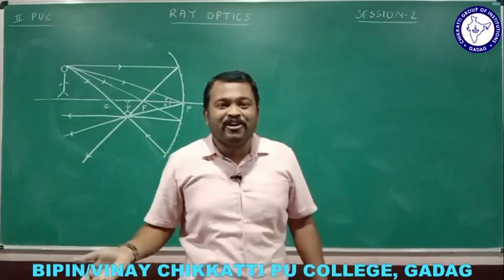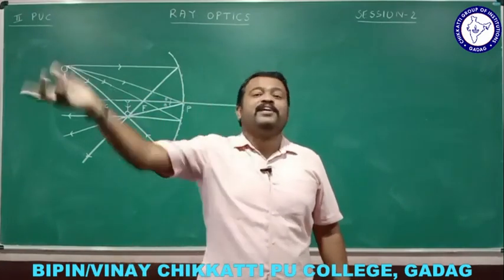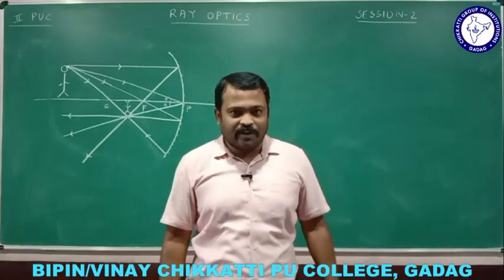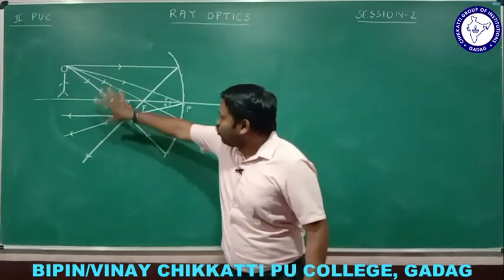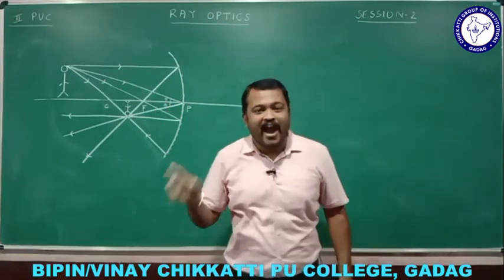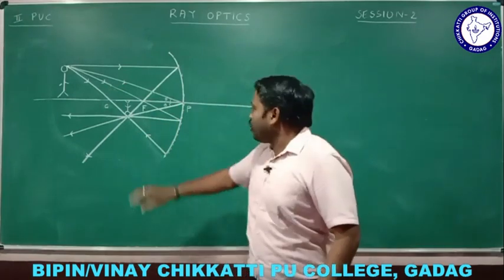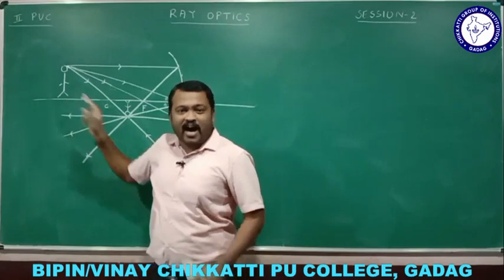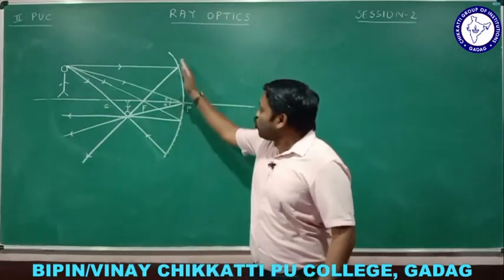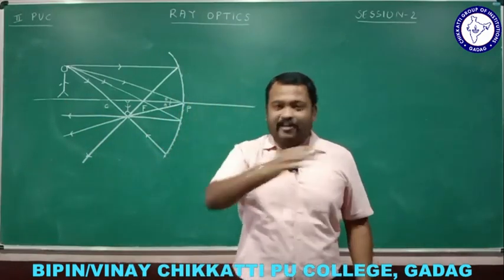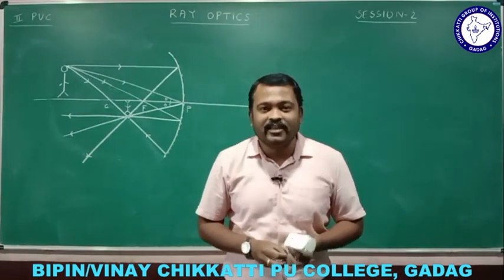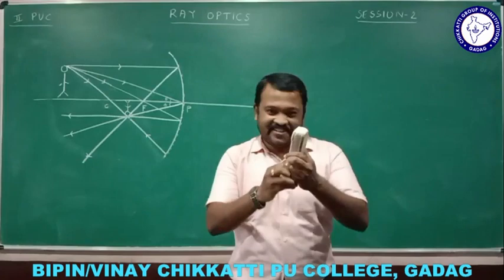A virtual image is formed when the reflected rays appear to meet at a point. We will see such examples in further sessions. Here we have followed all the 4 rules and calculated where the image is formed by this object after reflecting from the concave mirror. So this is how the image is formed by the concave mirror.